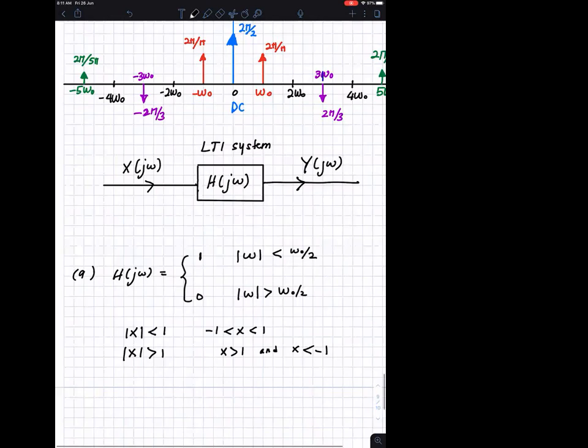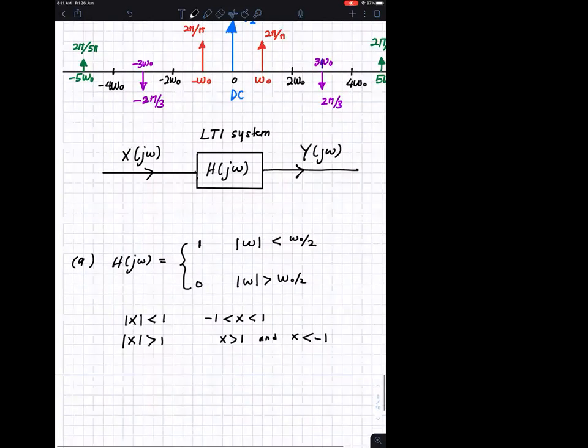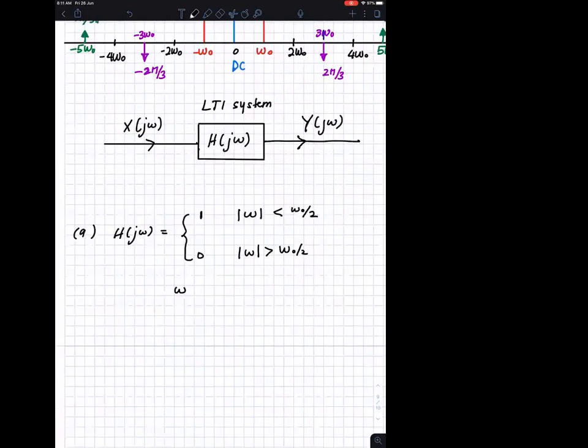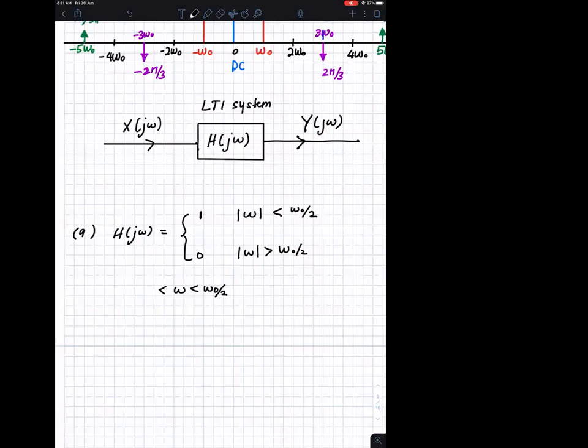Using this knowledge, the filter is on when omega is less than omega naught over 2 and greater than minus omega naught over 2. So it's going to be 0 elsewhere.